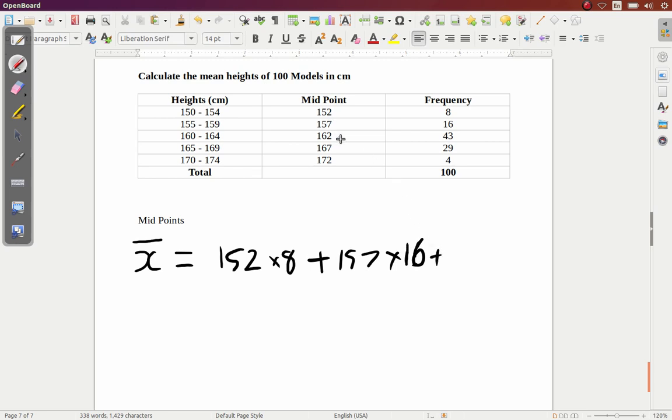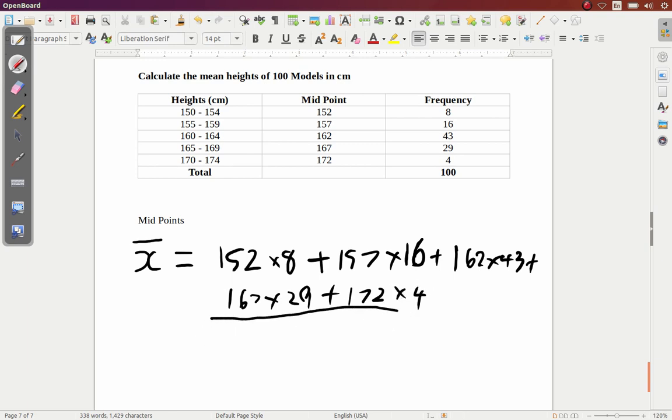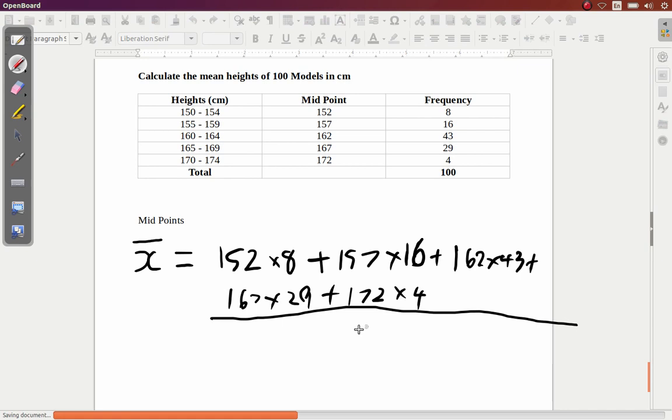Plus 162 times 43, plus 167 times 29, plus 172 times 4, since there are 4 of them. And at the end of the day, all of this must be divided by 100, since there are 100 of them.